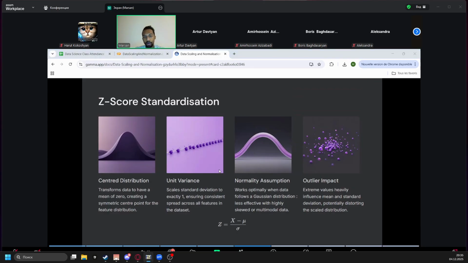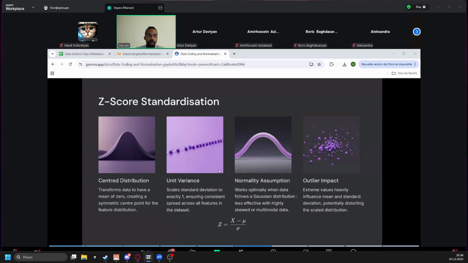But the weakness here is that it's still sensitive to outliers, because in our formula we have the standard deviation, and the outliers will impact this standardization, because as you know, the standard deviation stands for the spreadness of our values.